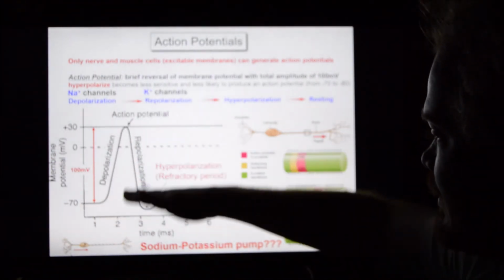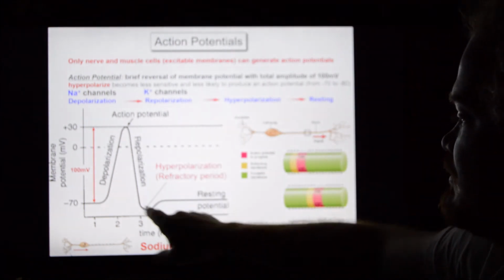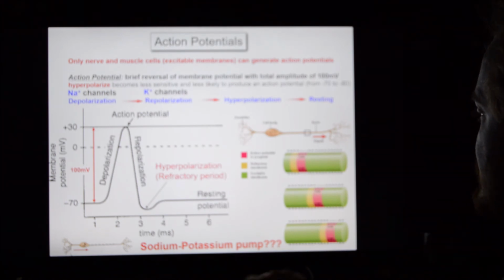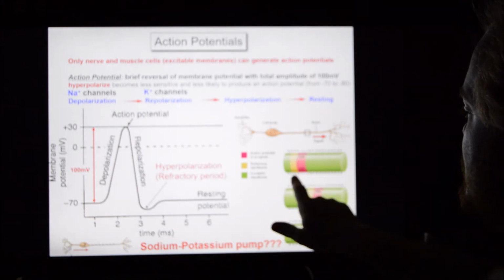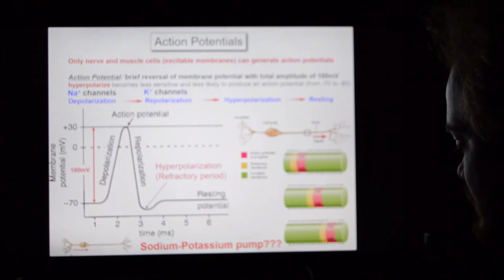So you can get spike, refractory, spike, refractory, spike, refractory. The refractory period is very important for separating out these action potentials. Again, a wave of depolarization followed by a wave of repolarization followed by a return to a resting state using sodium-potassium pumps.